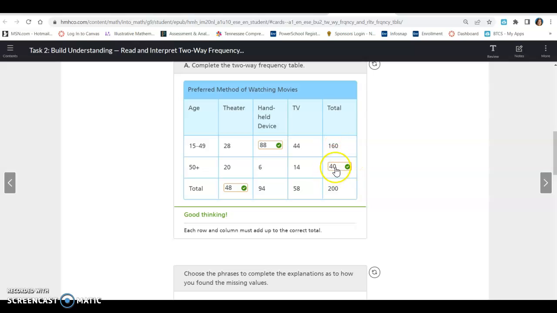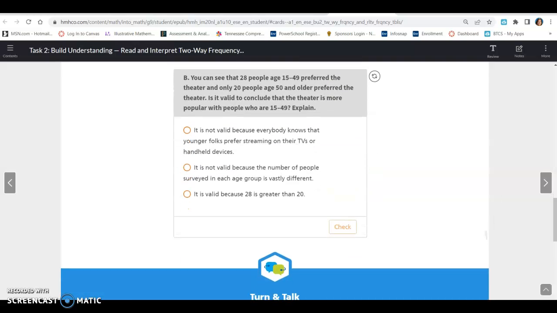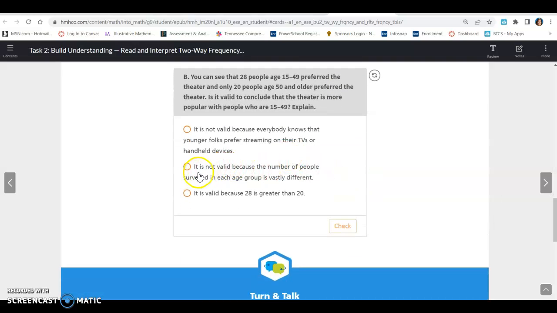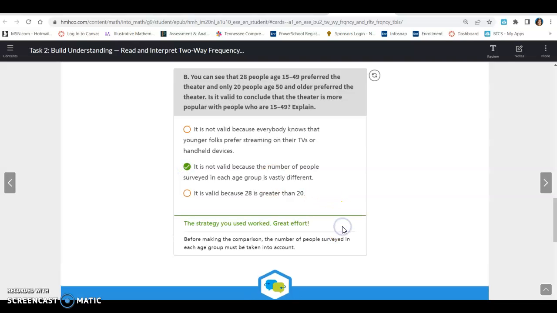If they had surveyed 160 in each age group, and maybe these numbers were different and these numbers were the same, but because they have not surveyed the same number of people, not even close, then it's not valid because the age groups are vastly different.